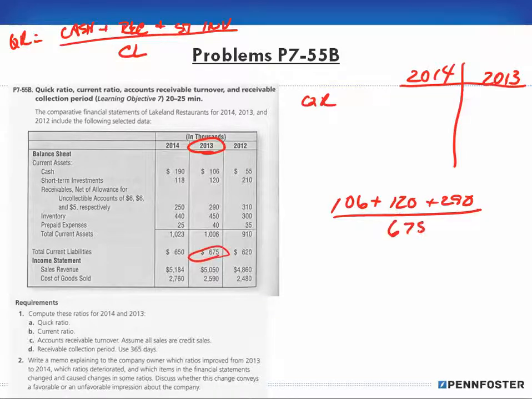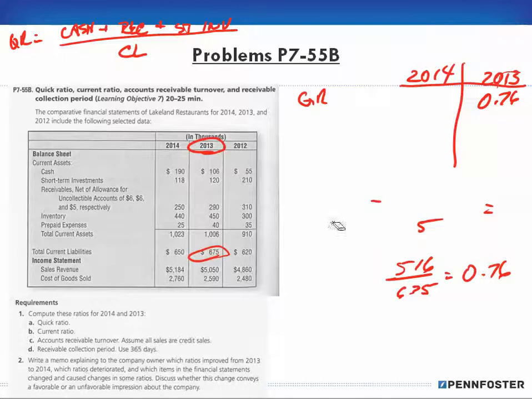So that's 106 plus 120 plus 290 is 516 over 675, and that divided by 675 gives us 0.76. Okay, so that's our quick ratio for 2013.